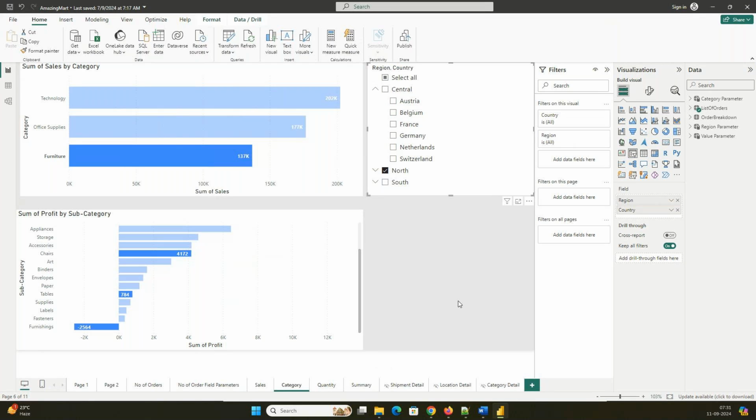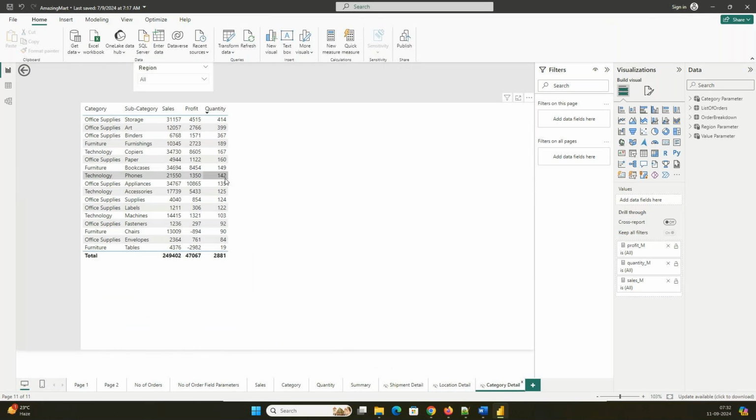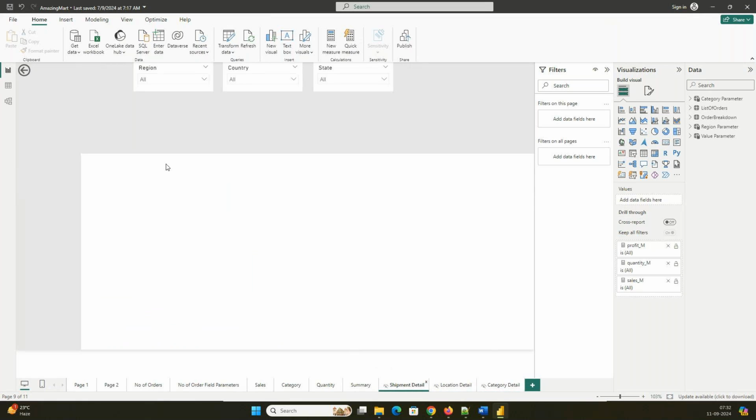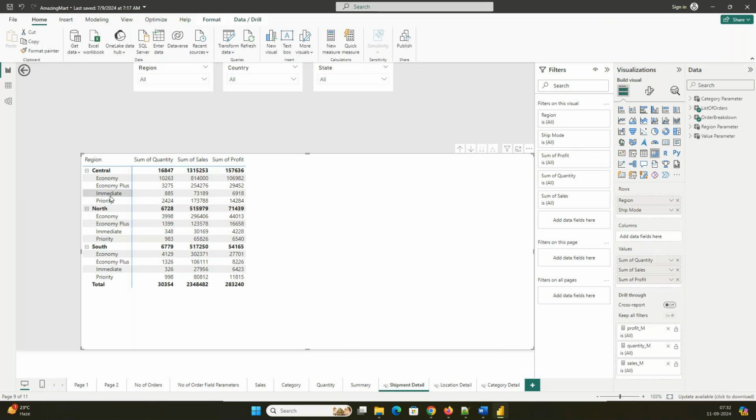But for them, they want reports. They want to see the data at a summary level, like this graph or slicers or filters, so they can make a particular selection and see. Here is a detailed view of sales, profit, quantity, and a detailed view of category. This is a matrix view of central region with different modes of delivery, similar to Amazon: priority, immediate, economy, and economy plus.